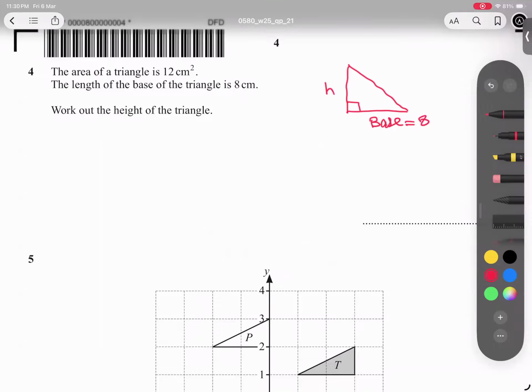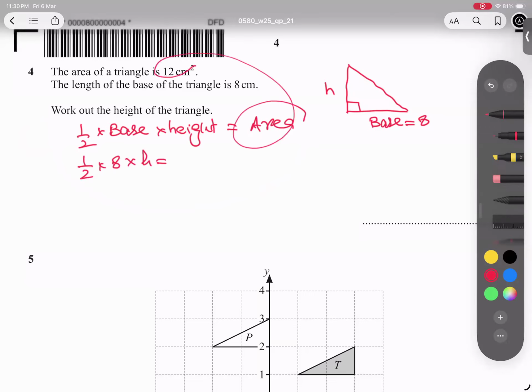So what is the formula for area? Half into base into height is equal to area. If you write the word area here, no problem at all. Base is 8, height is unknown, and area we have 12.